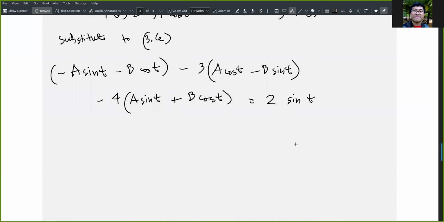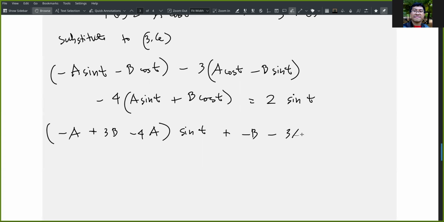Now let's group terms on the left side containing sine t. Let's say minus a sine t plus 3b sine t. What else? Minus 4a sine t. There's also this 2 here, but we'll keep it on the right side. Plus, we have minus b for all with cosine t.